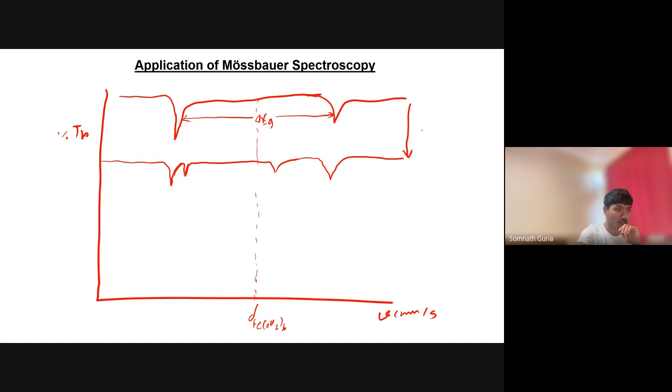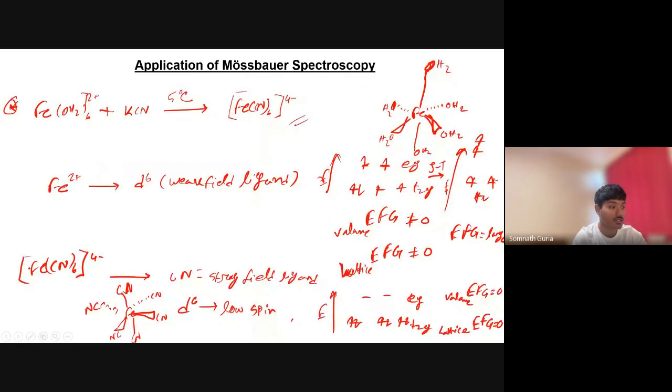Okay, this is the time. And furthermore, this is because of generation of a new system that is not the hexacyanoferrous. Because we know in the previous slide we discussed the hexacyanoferrous, we have only one line in the Mossbauer.